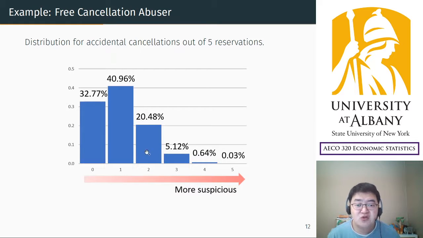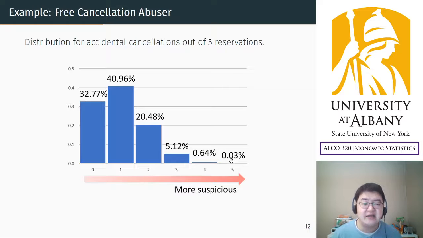Two cancellations happen with more than 20%, so they are very likely. But as you can expect, the probability goes down as the number of cancellations increases. Canceling 5 out of 5 reservations is only 0.03%.